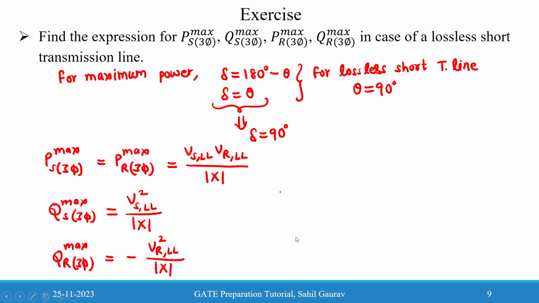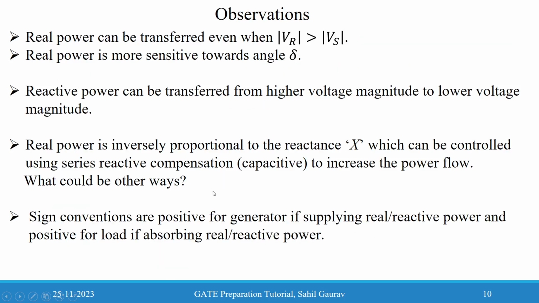So now we are moving towards some important points. First point is that real power can be transferred even when the magnitude of receiving end voltage is greater than the magnitude of sending end voltage. So the real power is more sensitive towards the power angle delta. This is very, very important.